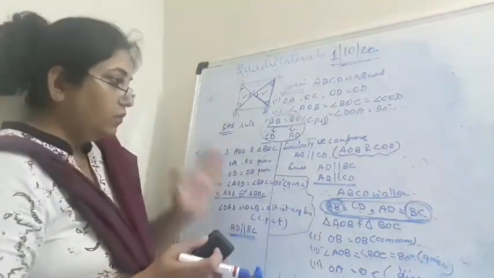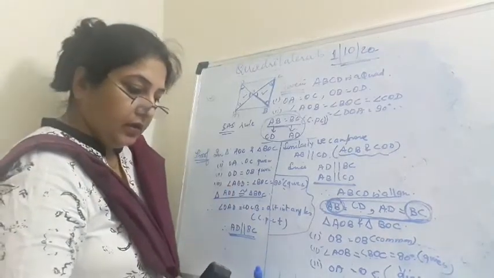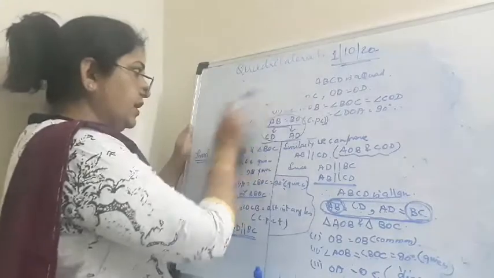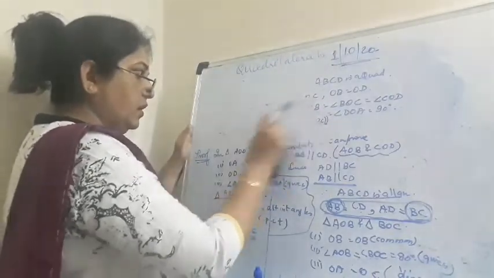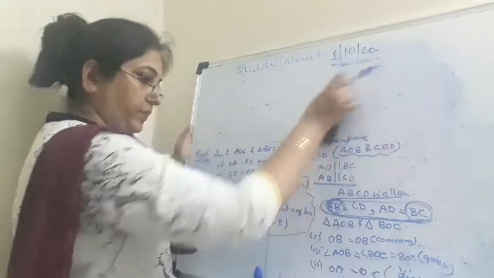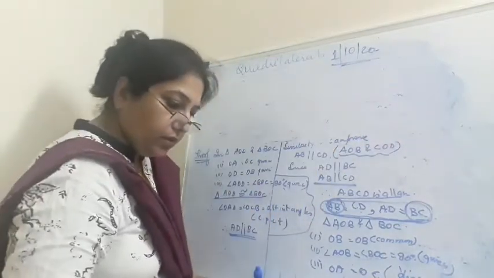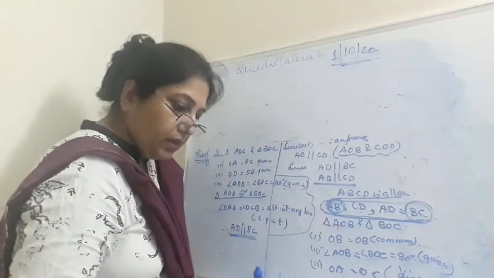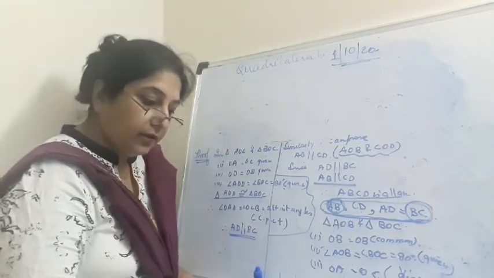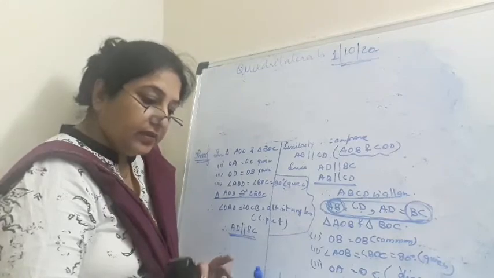Similarly, we have one more question, the fourth one. So I'll see that also and I will explain that also and finish off. Question 4 says that in a square, you read your question from the book. If the diagonals of the square are equal and they bisect each other at right angles.